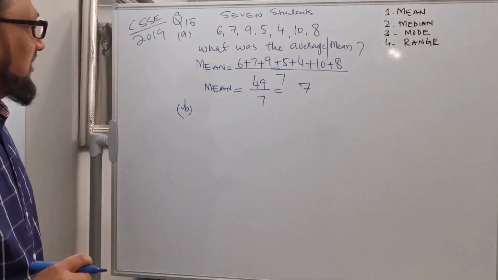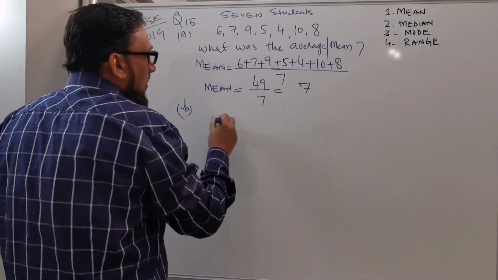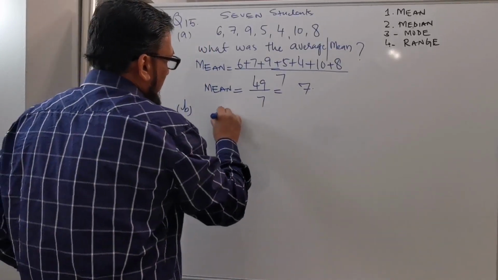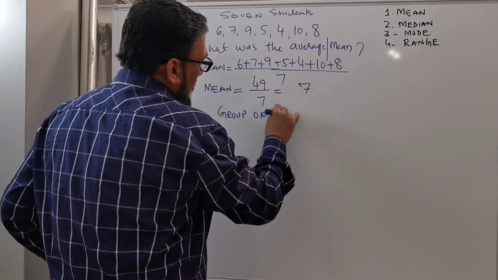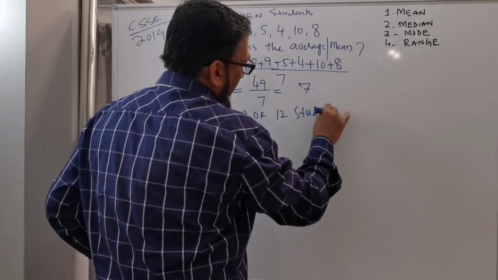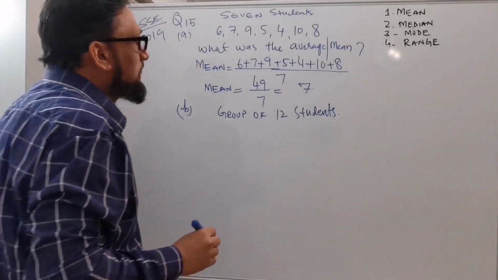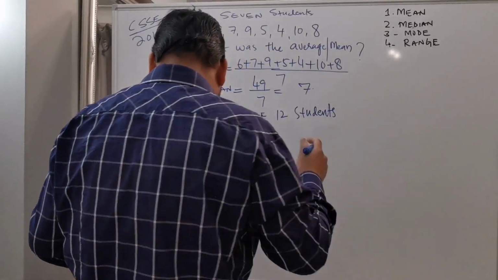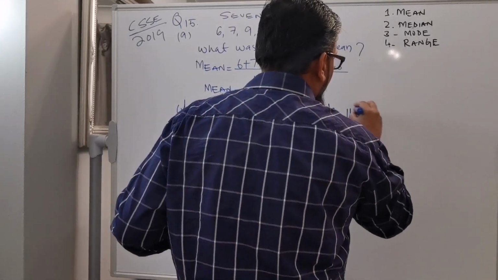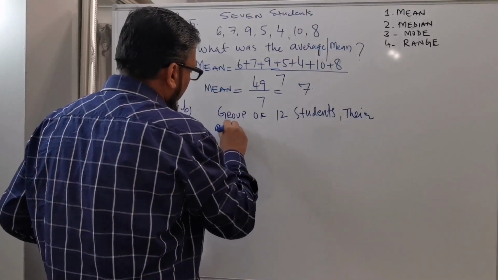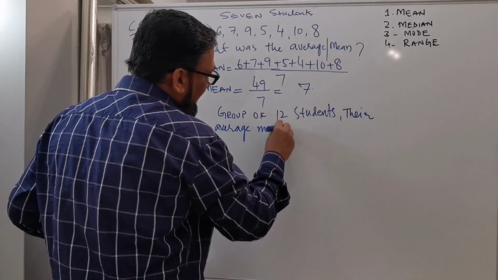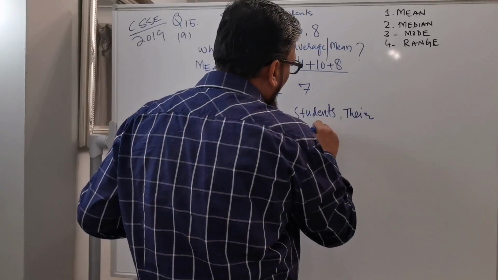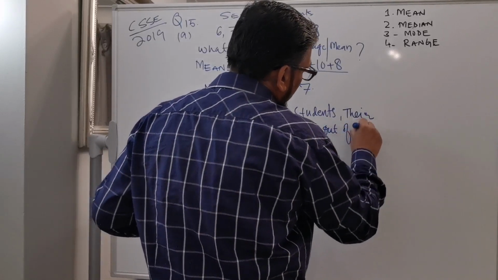It says that there is a group of 12 students, and their average marks are 24 out of 30.